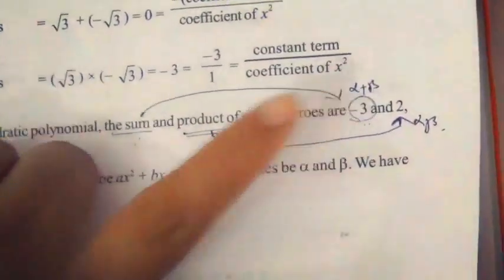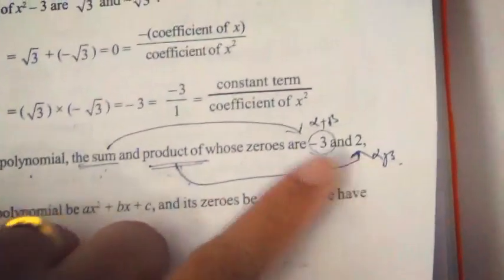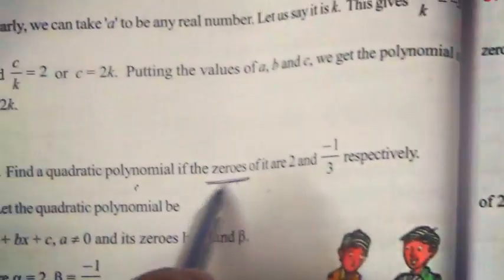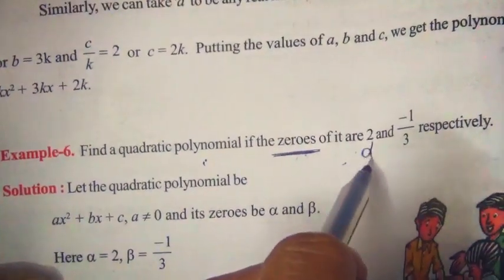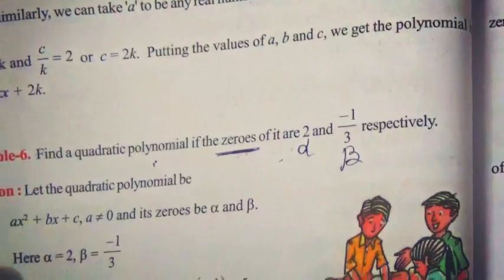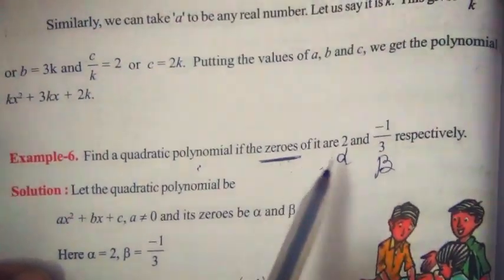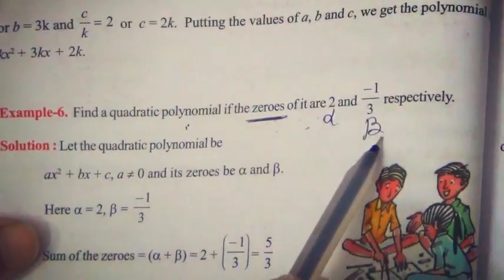But here in this sum he gave the zeros. Zeros means one is alpha and the other is beta.